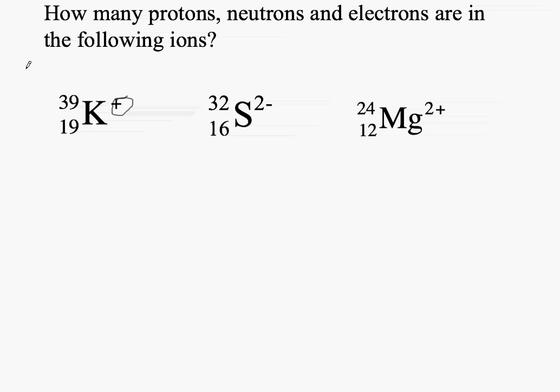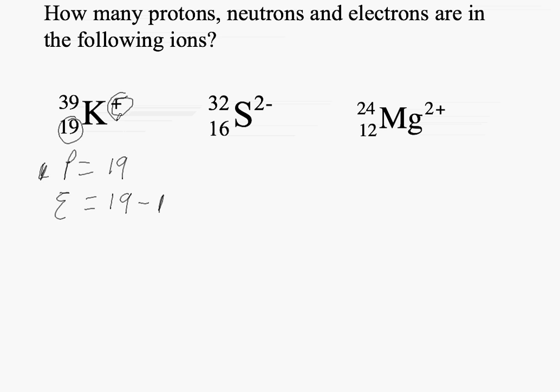So let's look at potassium. The number of protons in potassium should be 19 because that's what the atomic number tells us. The number of electrons, however, is going to be 19 minus 1.